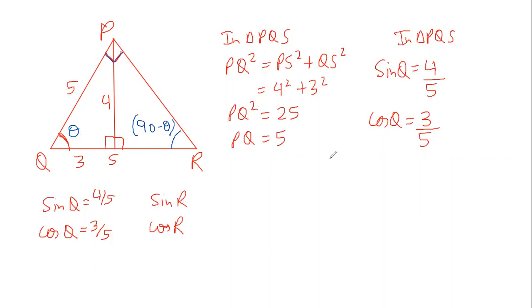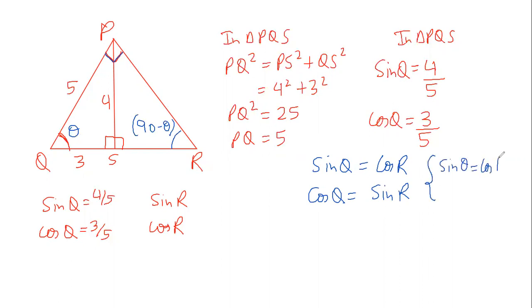So from here, I can directly say that sine Q is equal to cos of R, and cos of Q is equal to sine of R, because I know that sine theta is always equal to cos 90 minus theta, and cos theta is always equal to sine 90 minus theta.